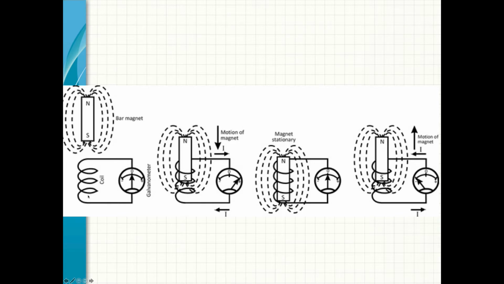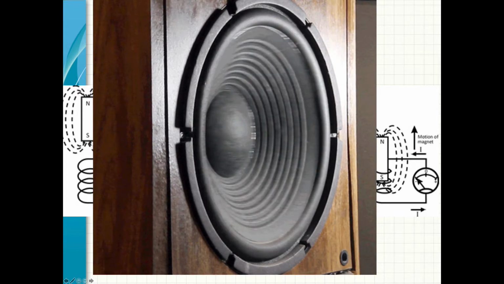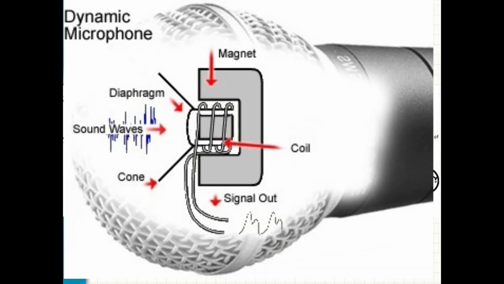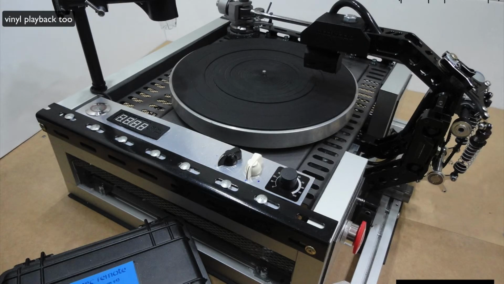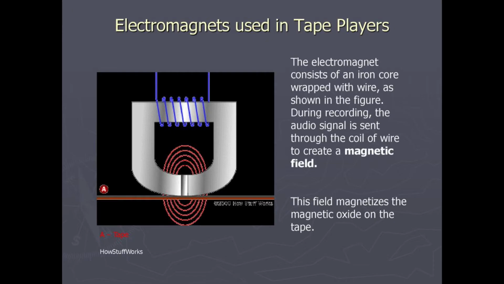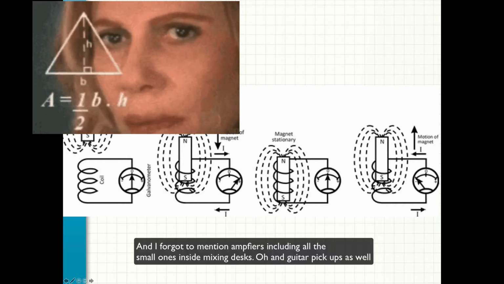As I move this bar magnet down through that coil of wire, this would register an electrical current. That's very useful because that's how generators work. That's how the alternator works on a car. Electromagnetism is also involved in how speakers work, how microphones work, how vinyl cutting works, and how recording to tape works. So electromagnetism is the essence of analog audio.